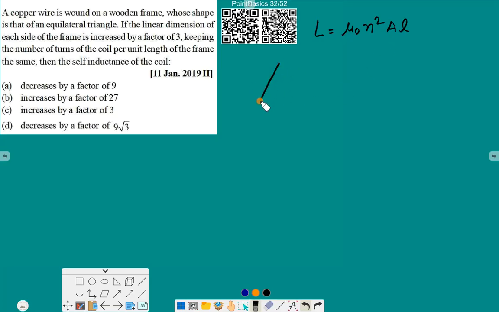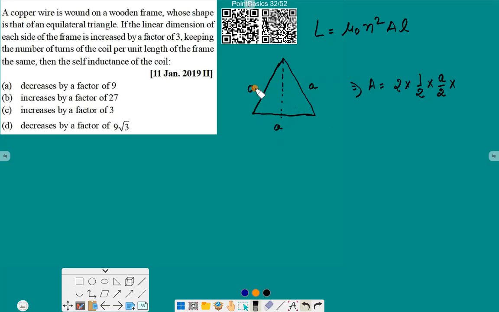So suppose this is the initial equilateral triangle that we have, each of side a. Now area of this triangle will be given by, if we draw a perpendicular here, area will be twice of the half, base will be a by 2, into perpendicular.